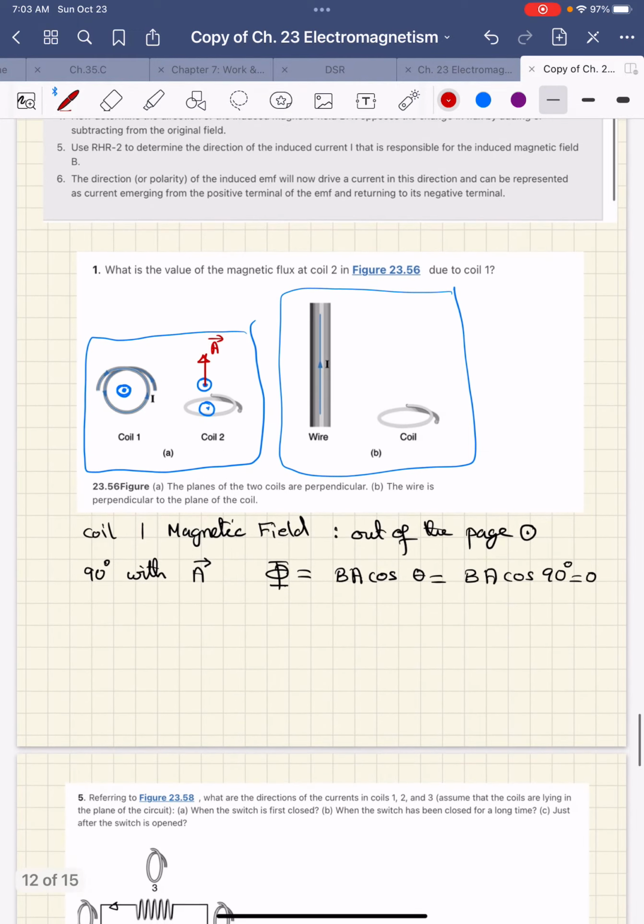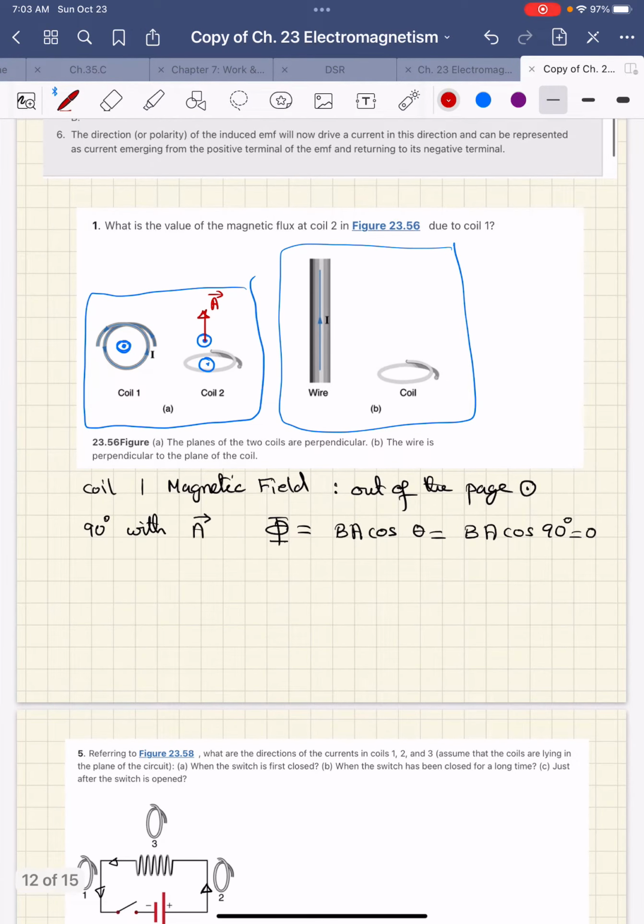For the second one here, that is a wire. This is for A. For B, this is a current that is going to be up, and therefore the magnetic field, if we use the thumb for I, then the magnetic field here crosses, and here it dots.